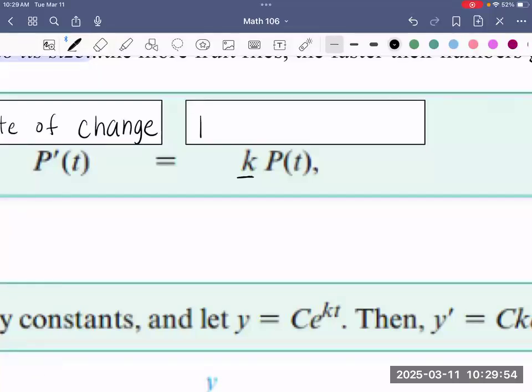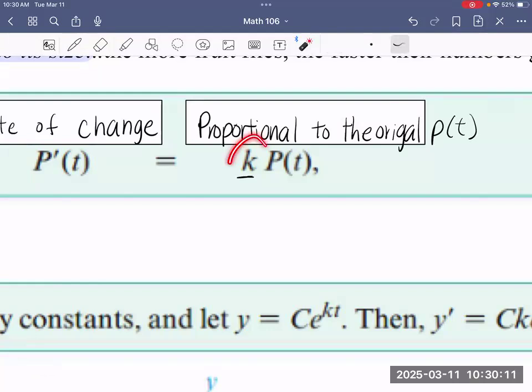This is the proportional value to the original P of t.